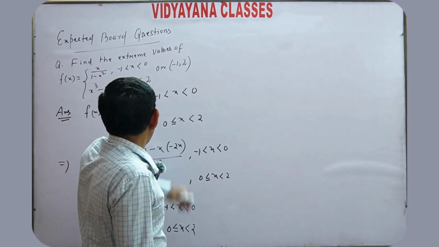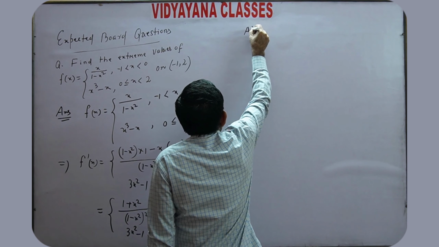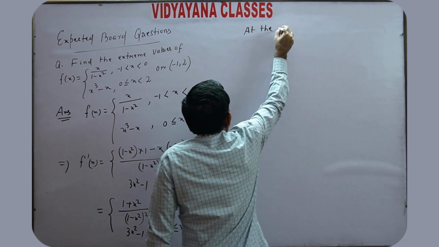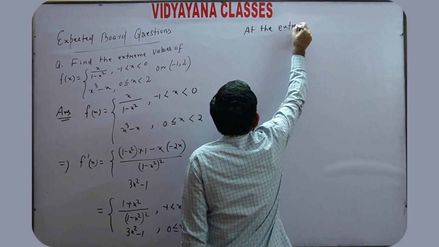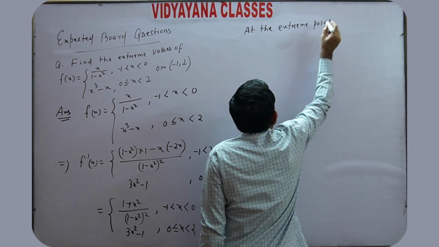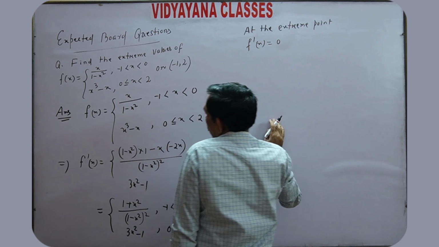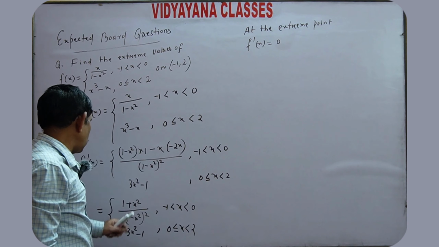Find the extreme values. At the extreme point f dash x is equal to 0.